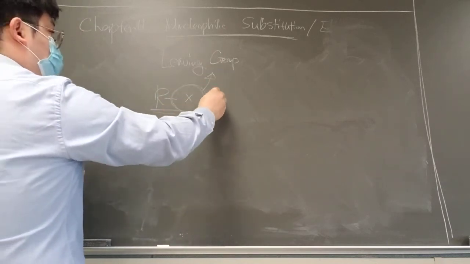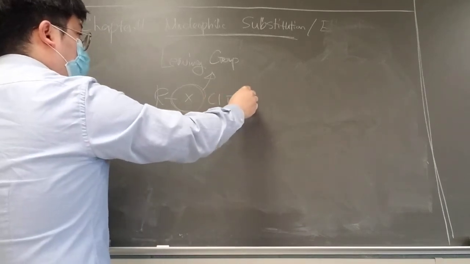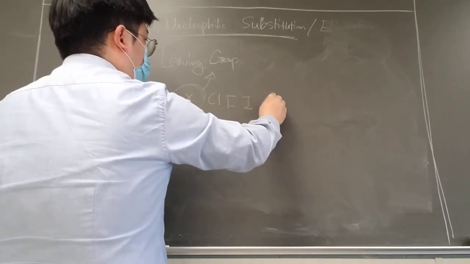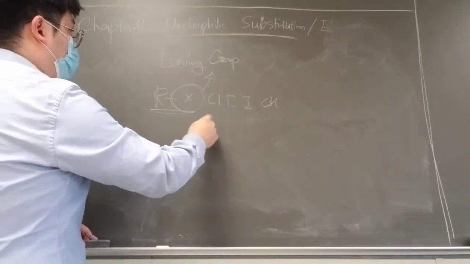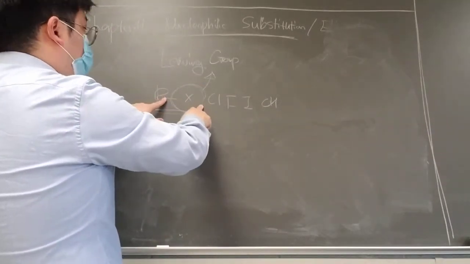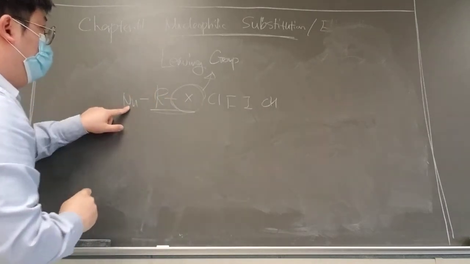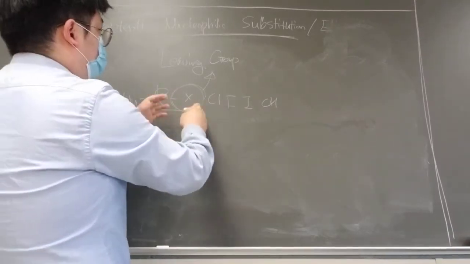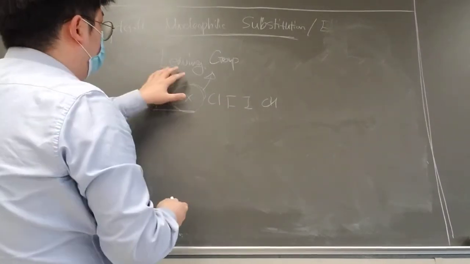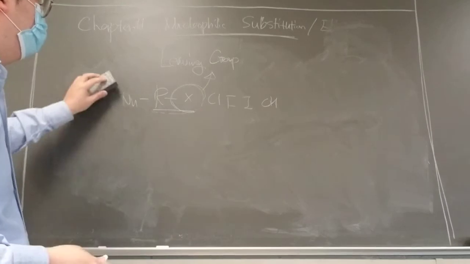So either this is chlorine, fluorine, iodine, or the hydroxy group, or anything. Anything that leaves the compound and makes the nucleophile attack, in addition to the compound. There's mostly halogen actually, but we call those the leaving groups over here.